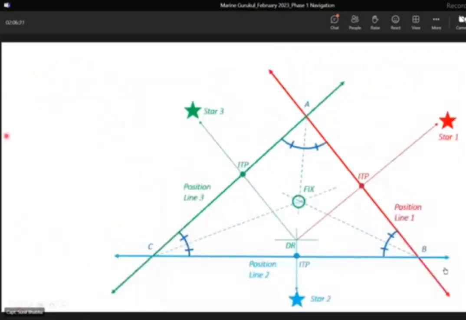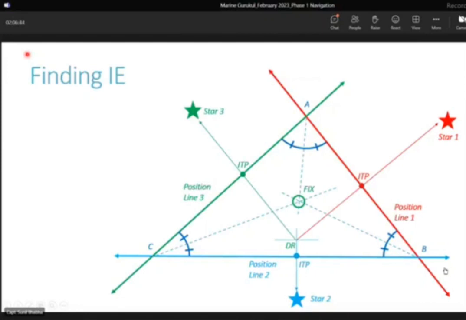Now we move on to the second part of the question, that is finding out the index error. Now, the reason why a cocked hat is formed when we take 3 celestial position lines is due to an error.